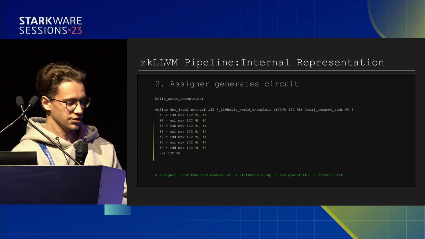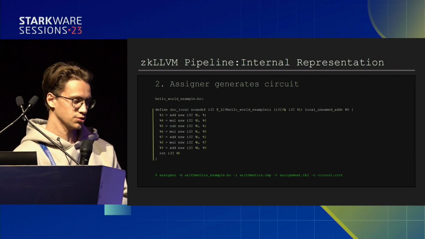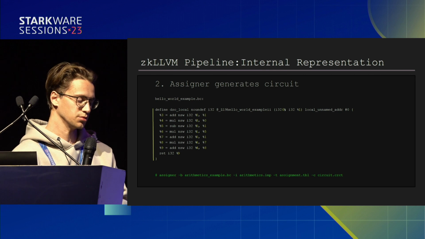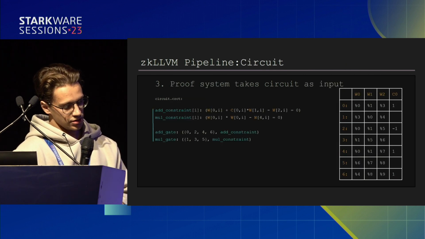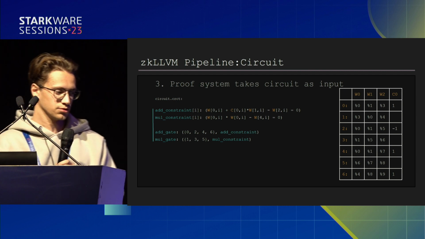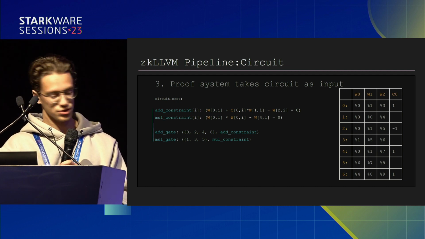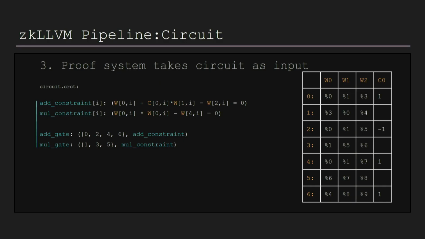Then you call the tool which we call assigner, which also can be installed in the pipeline, and which generates the circuit representation and the Plonk assignment table for the prover. It generates the constraints and the assignment table.